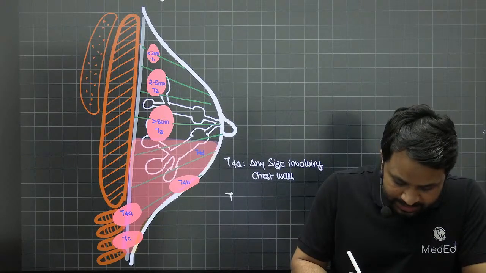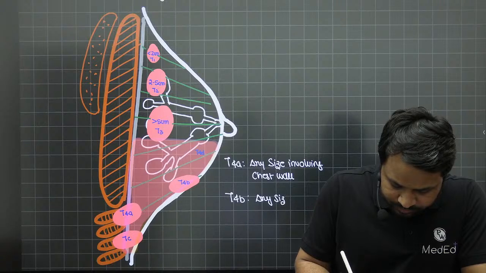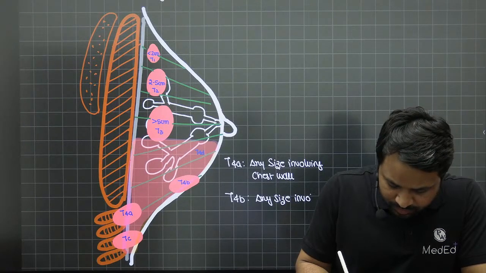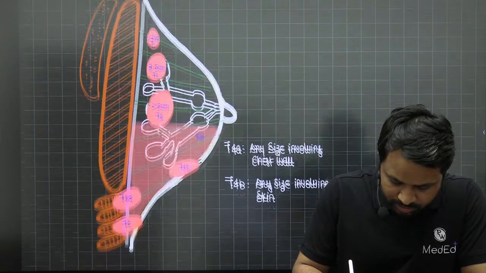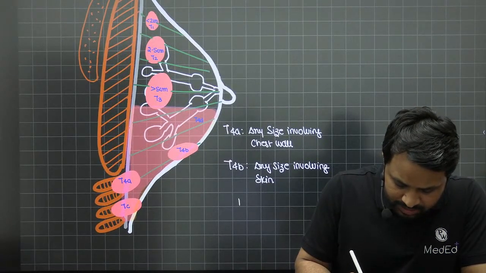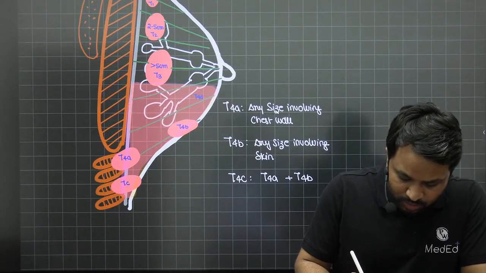T4B is any size of the tumor involving the skin, it is going to be T4B. T4C is basically a combination of T4A plus T4B, that is both skin as well as the chest wall.